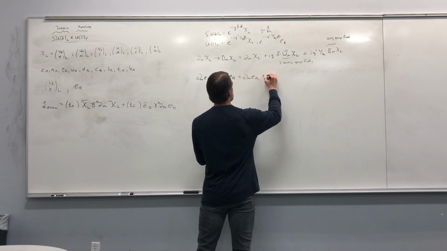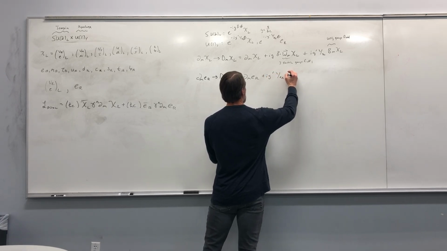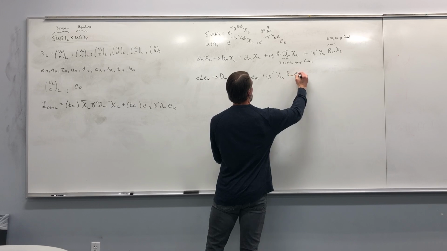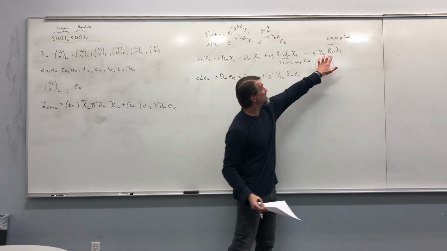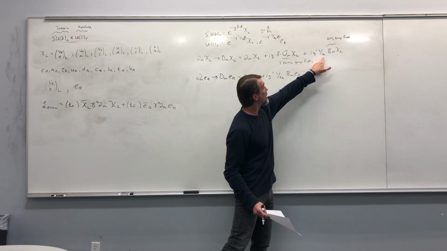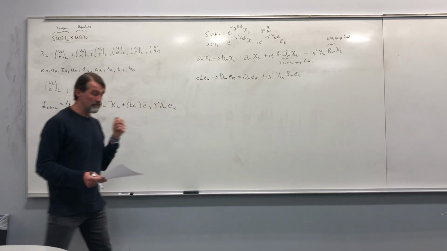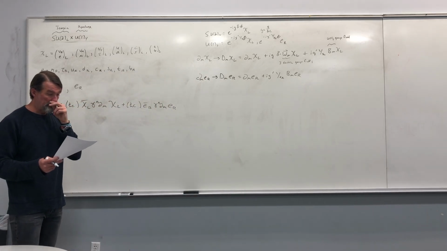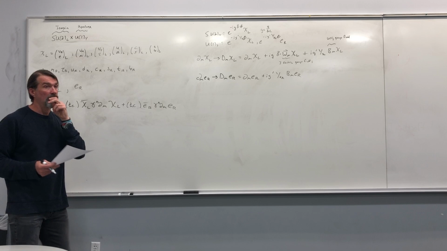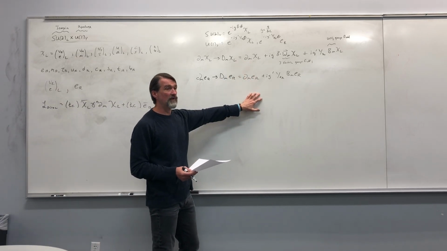This is just plus i g prime y eR B mu eR. That is, we just get this term with the y eR instead of the y chi L. We don't get this term because this does not act on the right. Okay? So these are our proposed redefinitions of the derivative.